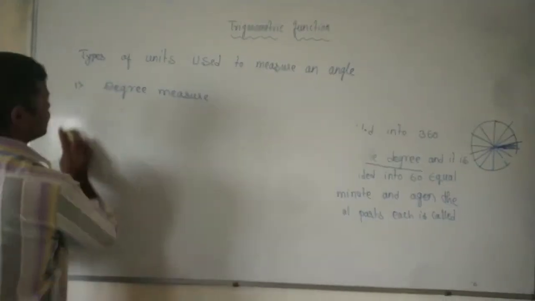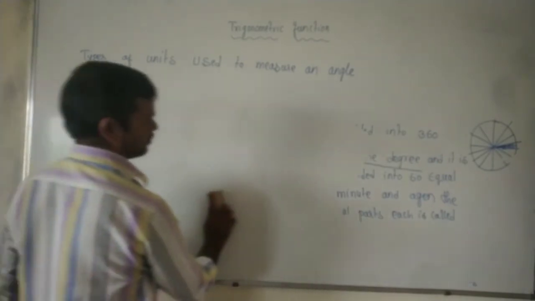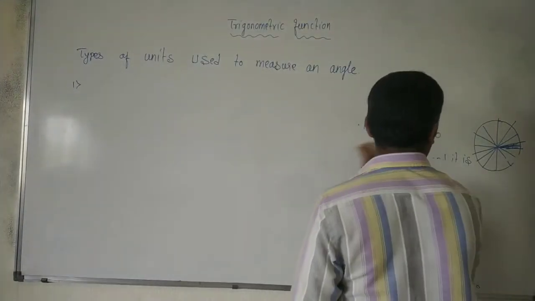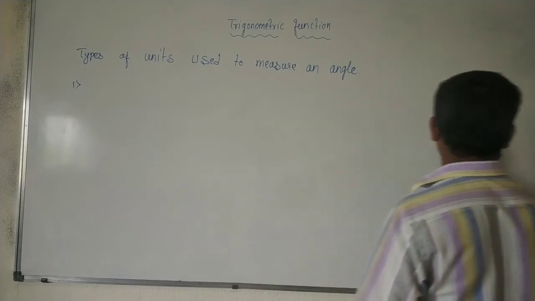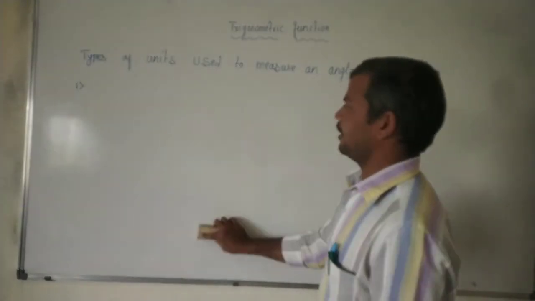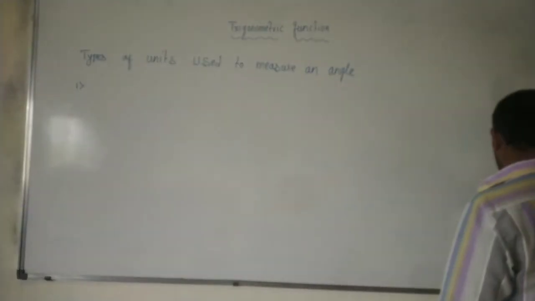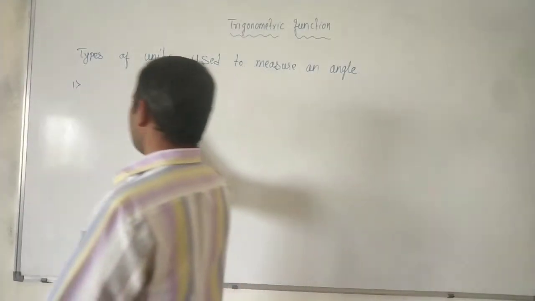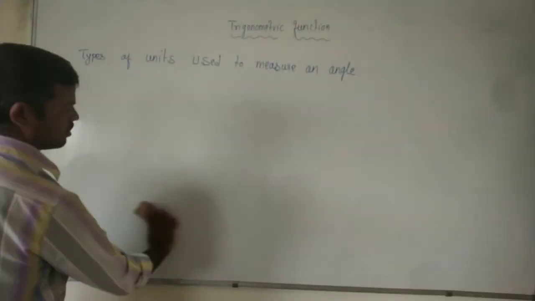So next we come to the radian measure, the relation between degree and radian. Later we'll see about the grade measure also.